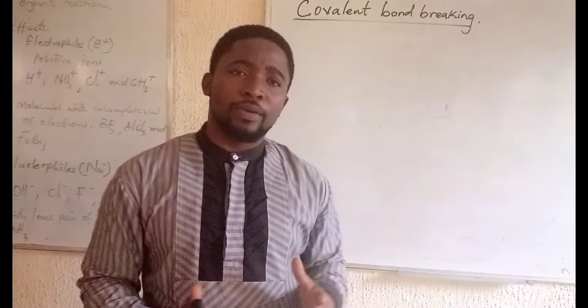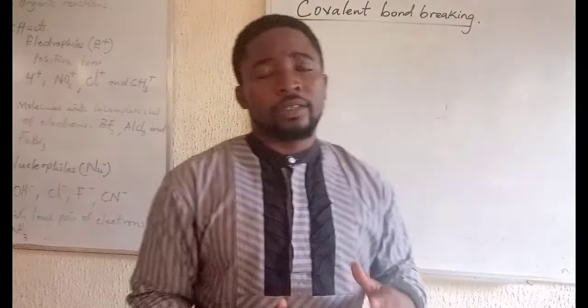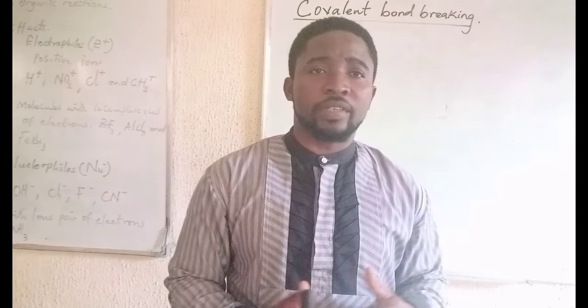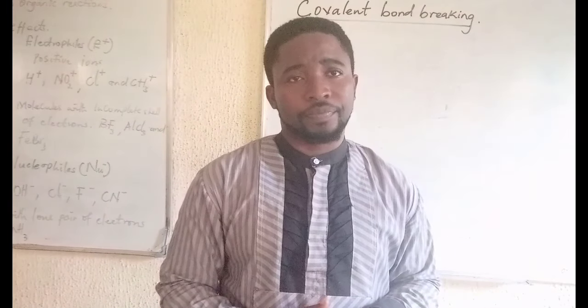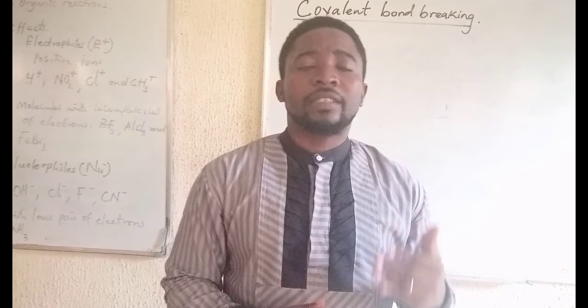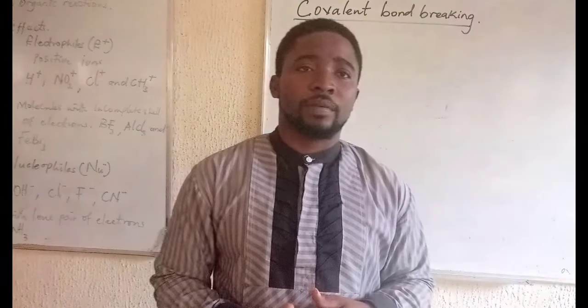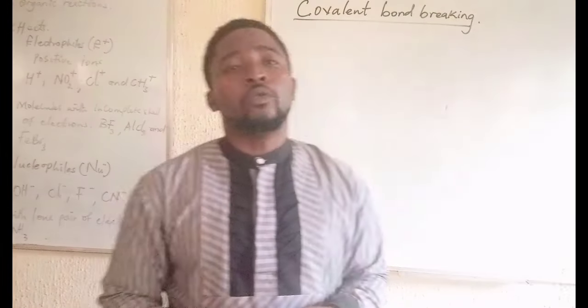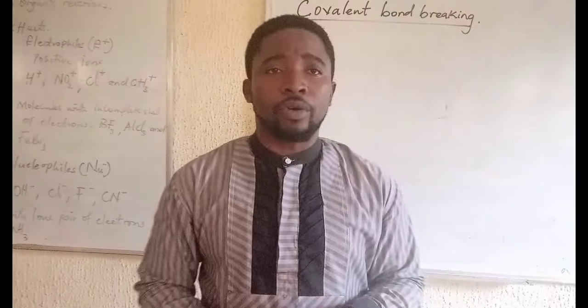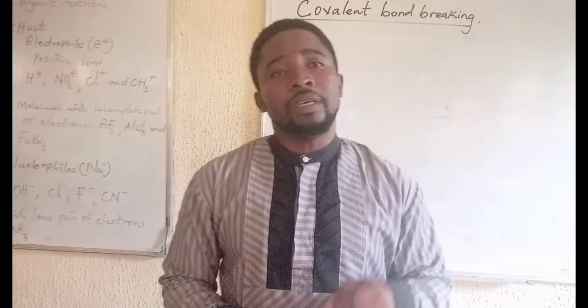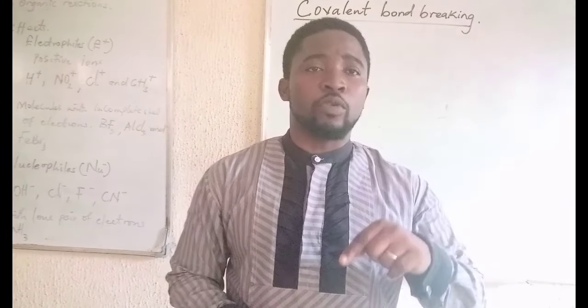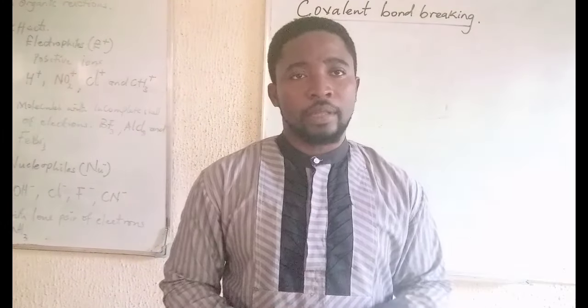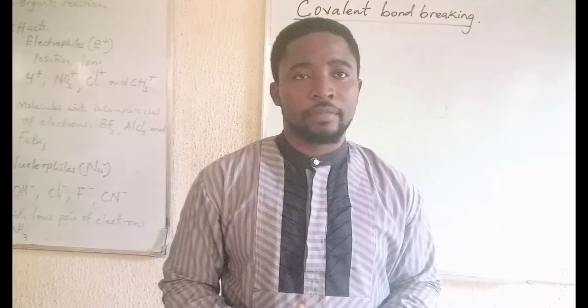Now, the next thing we need to look at is the covalent bond breaking process in organic reactions. The type of bond breaking process that will apply to a particular compound or group is determined by the type of covalent bond that is present in the molecule.